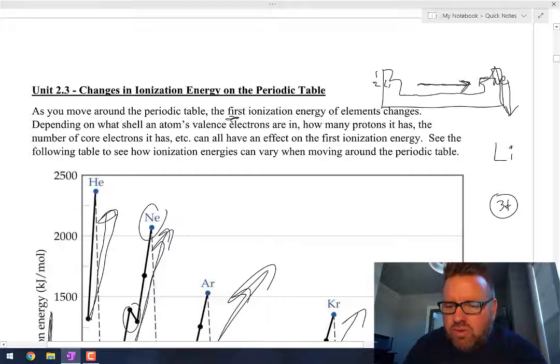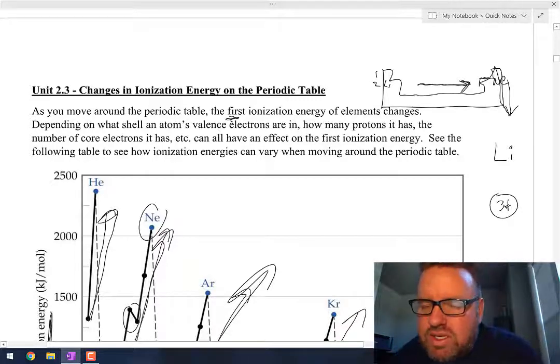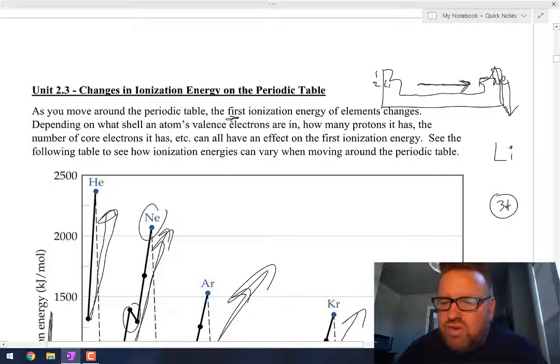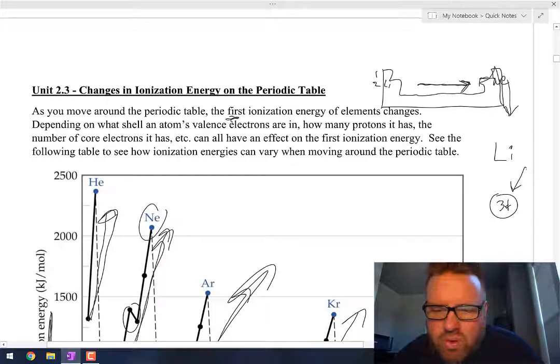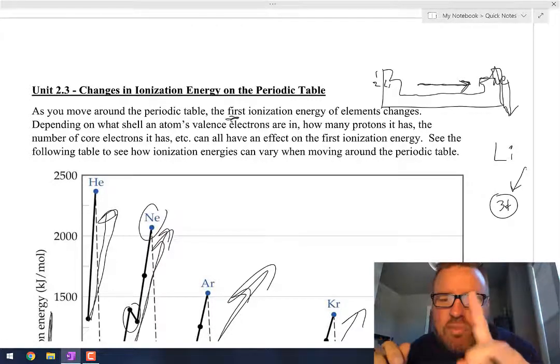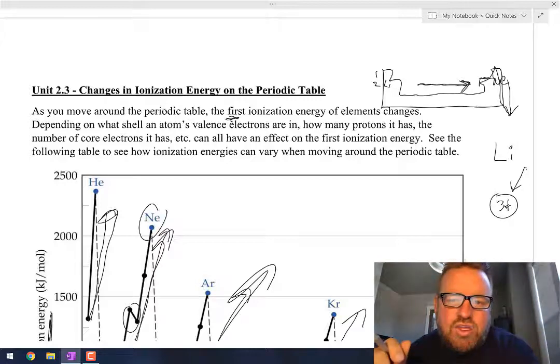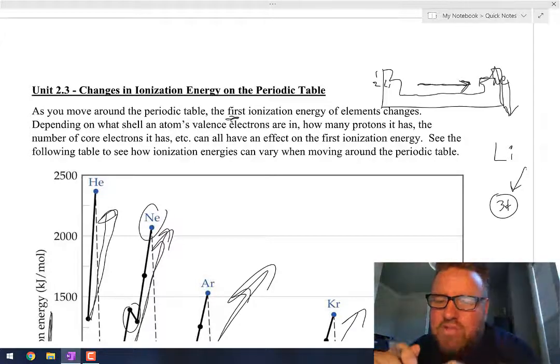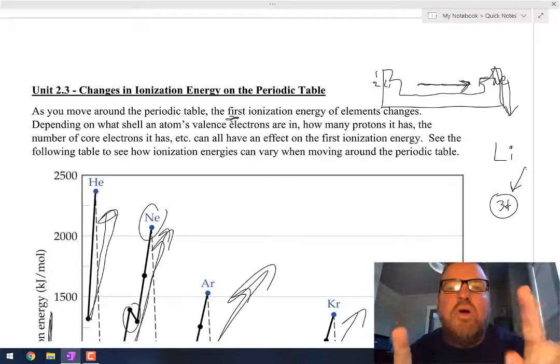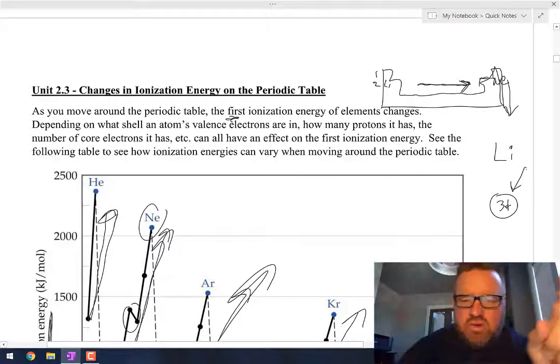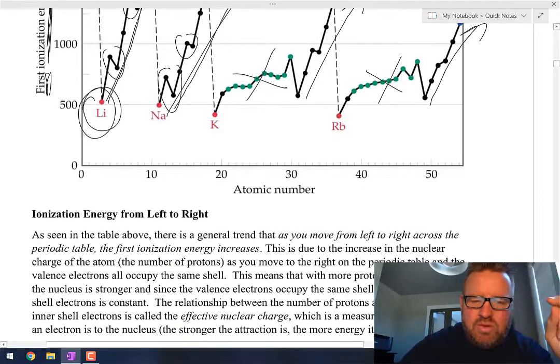So the attractive force of the neon nucleus is more than 3 times greater than that of the lithium nucleus, because neon has more protons. So the number one reason that the ionization energy goes up as you go across the periodic table from left to right is because the number of protons increases. I do say that down here.